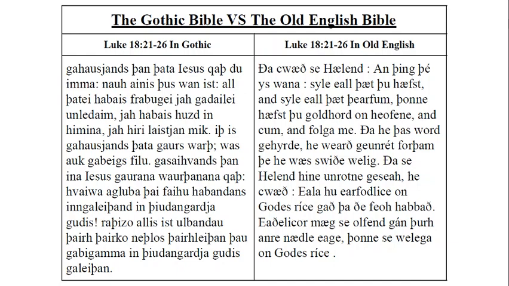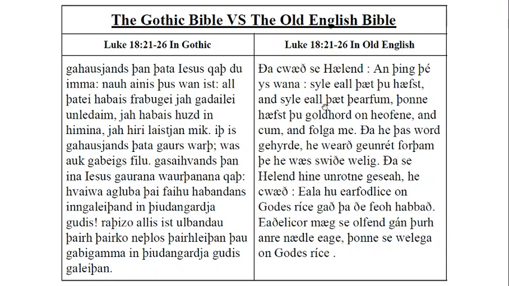Gothic does not use so many various titles as Old English does to describe Jesus. It sticks more closely to the Greek in that regard, and sticking more closely to the Greek is the main reason given by scholars for why the word order in Gothic is the way it is.